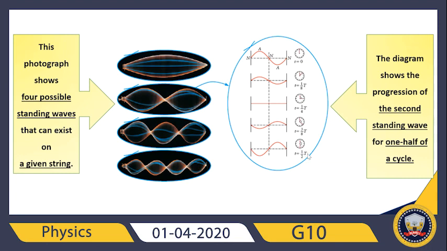So during half a cycle, what happens to the second standing wave? At the beginning, when time equals 0, the wave will be like this: here is an antinode, here is an antinode, and 3 nodes, as we have said. After a little time, like 1/8 T, it will be like this. The wave moves to the right but becomes more flattened, until it becomes straight, parallel to the equilibrium position.